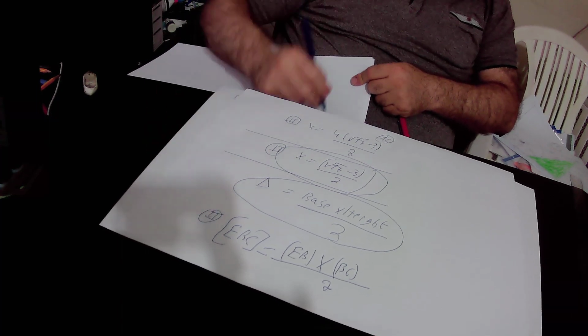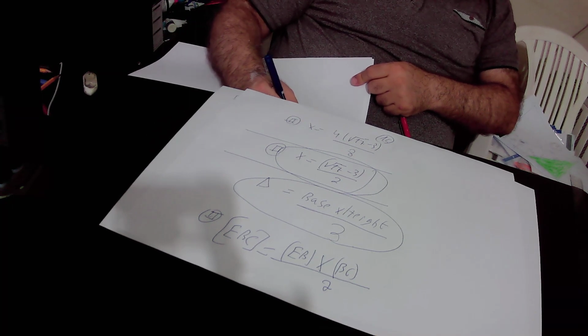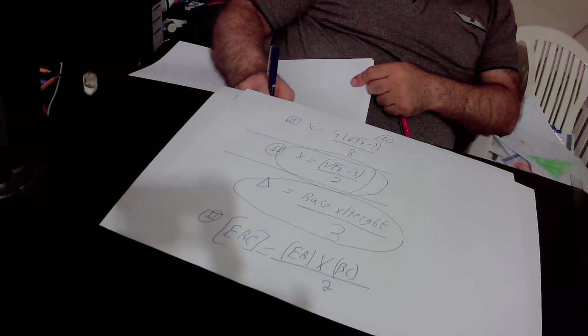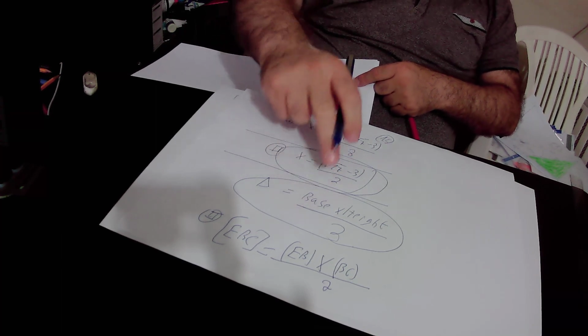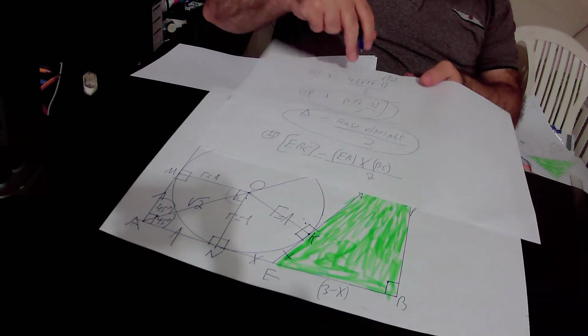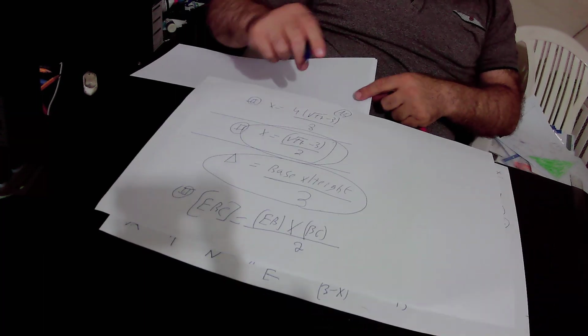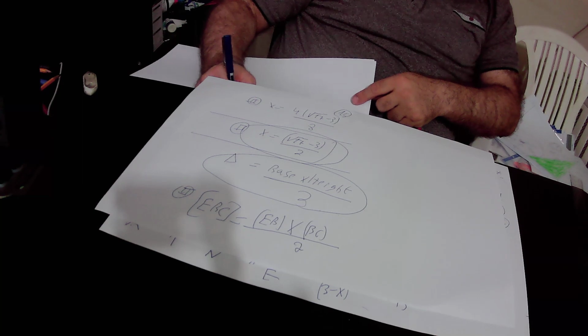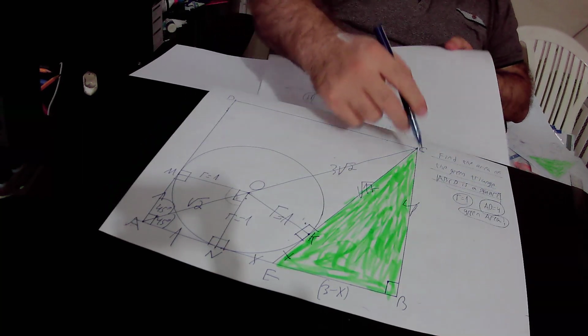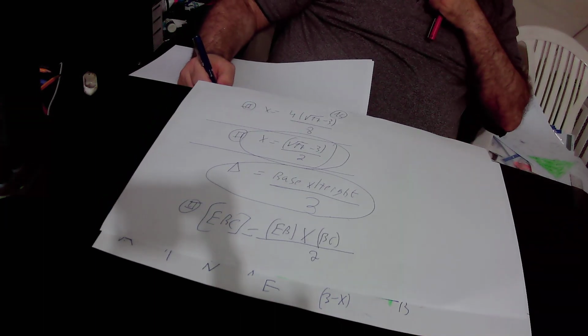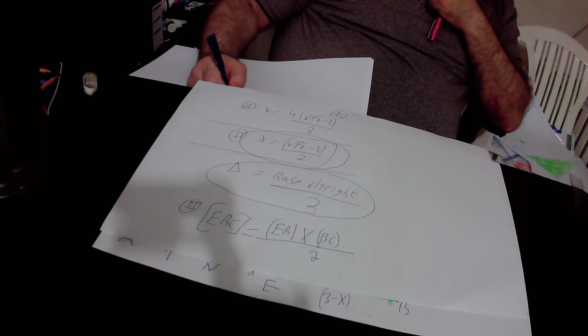So we will get that the area of the green right triangle, triangle EBC, equals EB. EB is 3 minus x, times BC. BC equals 4 units, over 2.